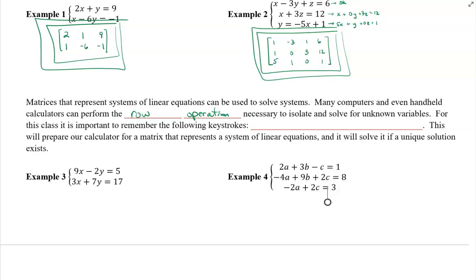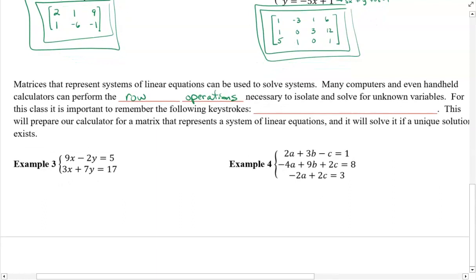There's a lot of work completed to isolate a variable, and the calculator can make quick work of that. Computers can make quick work of that too. So we don't need to observe or note each of the row operations. We just are interested in the final answer, if there is a nice answer for each of these systems.